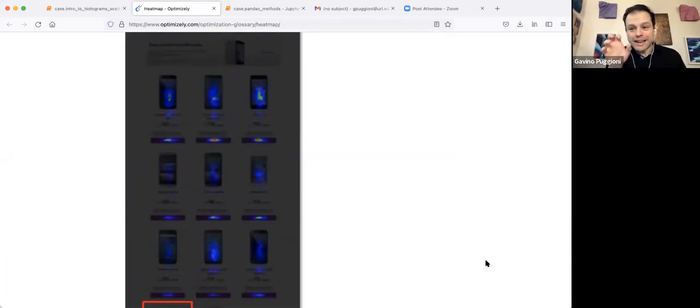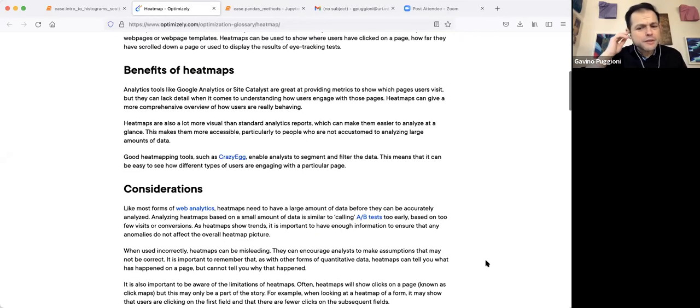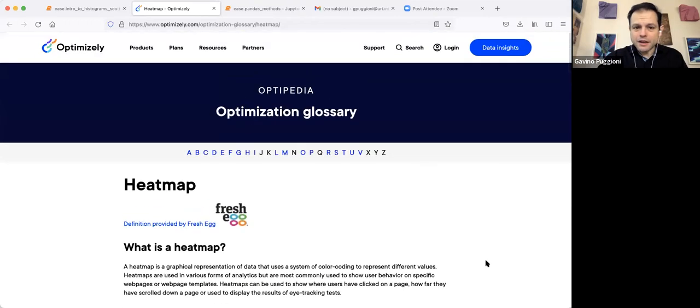So the lighter colors tend to be the higher ones, and the more red they tend to be the lower ones. They can have different color gradients. Some of them can go from red to yellow.